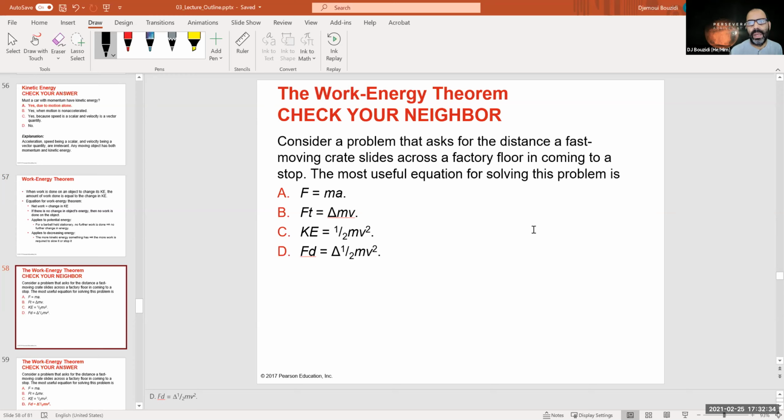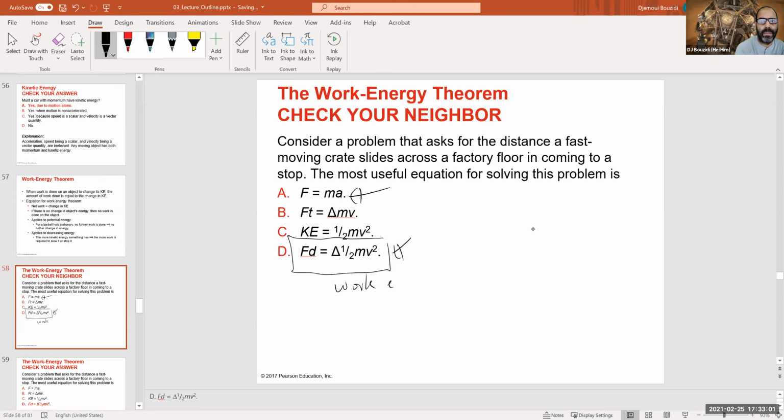Consider a problem that asks for the distance a fast-moving crate slides across a factory floor in coming to a stop. The most useful expression is, okay, here is what this is talking about. If you care about time, you really need this expression. If you don't care about the time and you just care about position and velocity, this is the equation that you need, which is the work energy theorem.